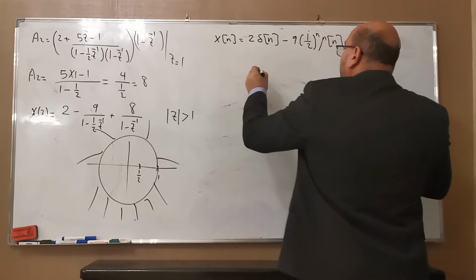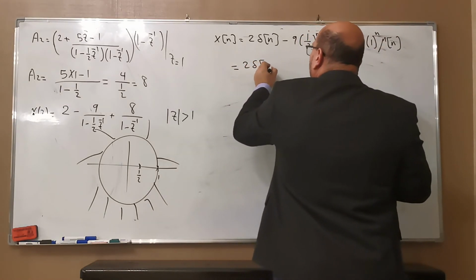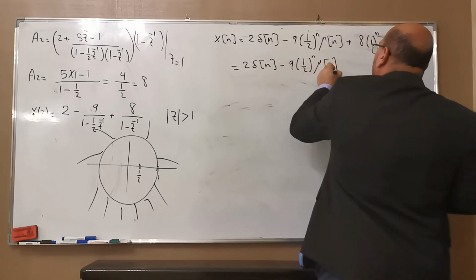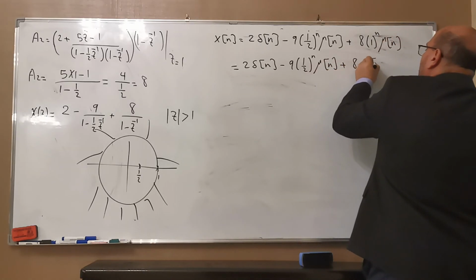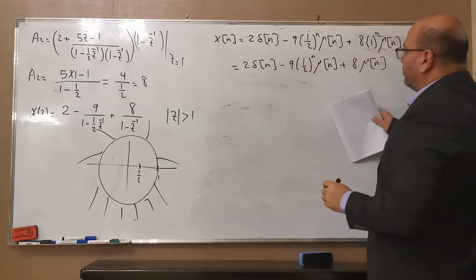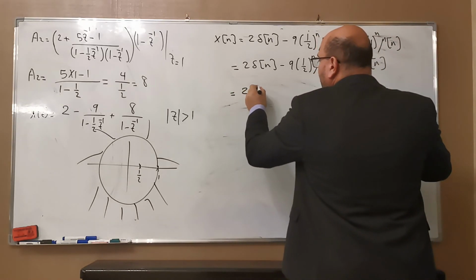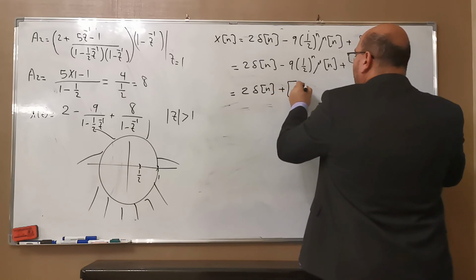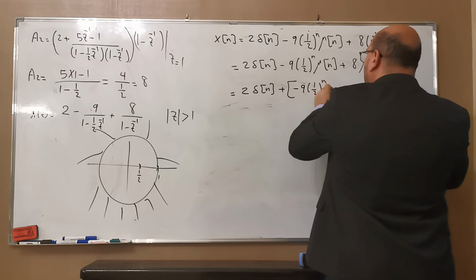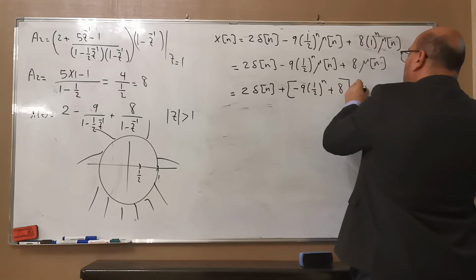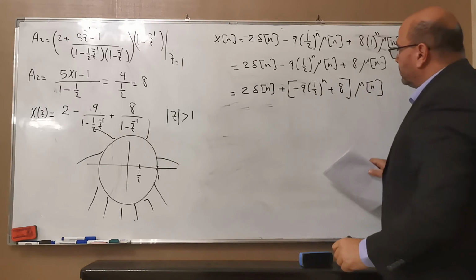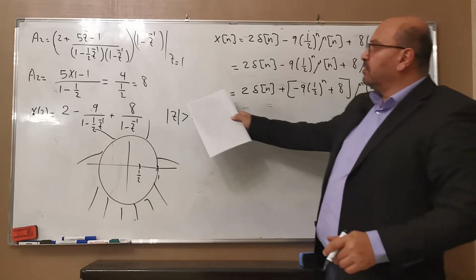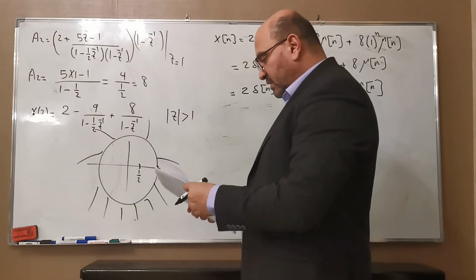So we can say that this is 2 delta of n minus 9 (1/2)^n u of n plus 8 u of n. If you want to combine the u of n together, you can also put it in a nice form: minus 9 (1/2)^n plus 8, times u of n. So this is our right-sided sequence for this transform, for this X of z.